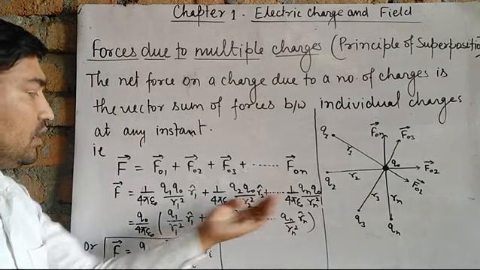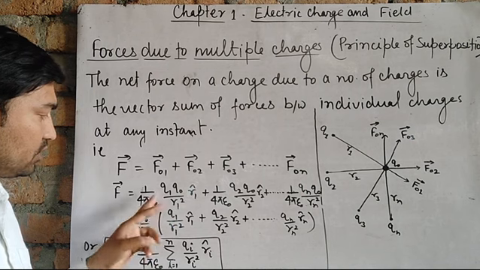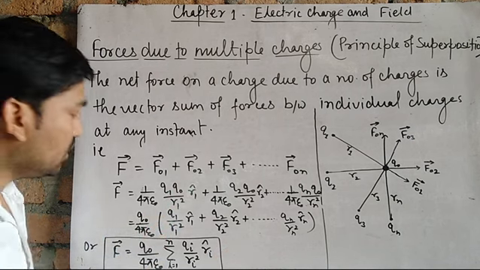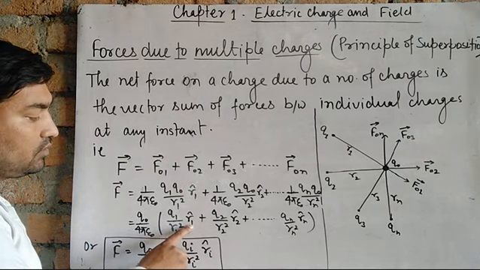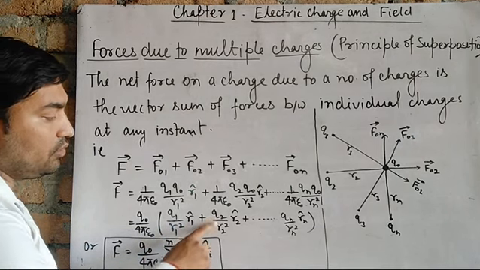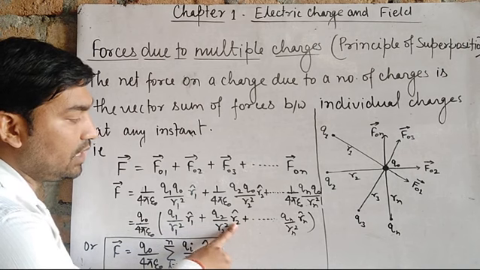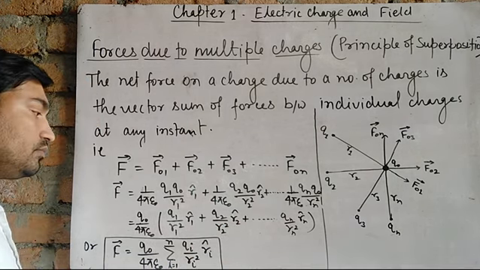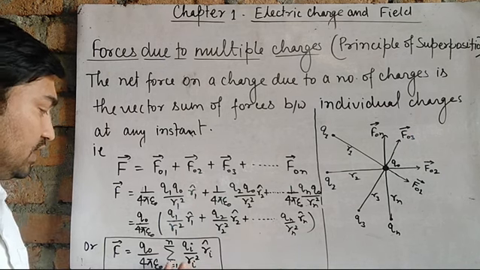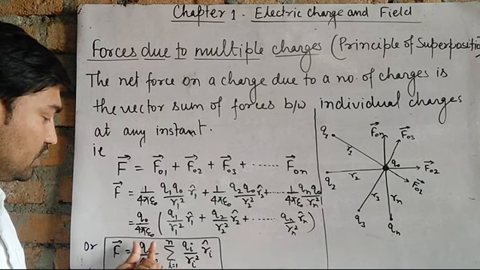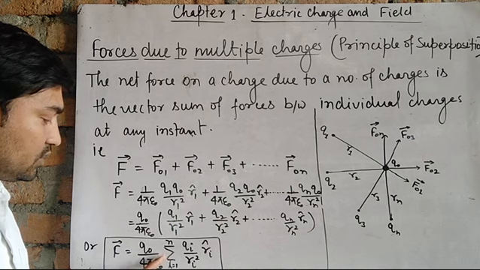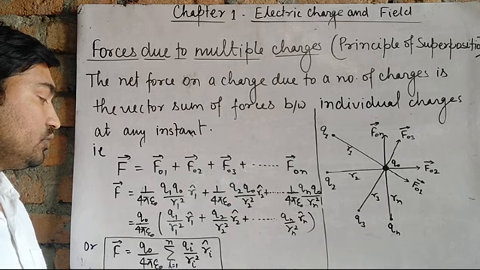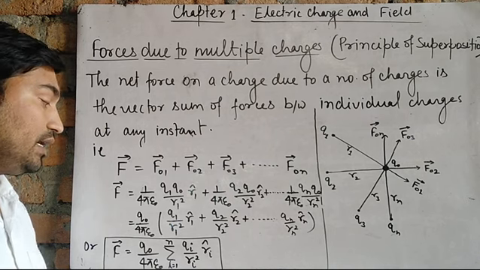After taking common Q0 and 1 upon 4 pi epsilon naught, we get Q1 upon R1 square into R1 cap, and Q2 upon R2 square into R2 cap, up to Qn upon Rn square into Rn cap. It is also written in the form of a summation: Q0 upon 4 pi epsilon naught, summation i equals 1 to n, Qi upon Ri square into Ri cap.